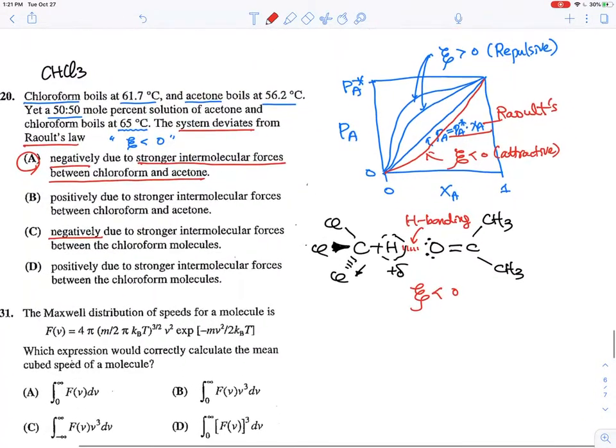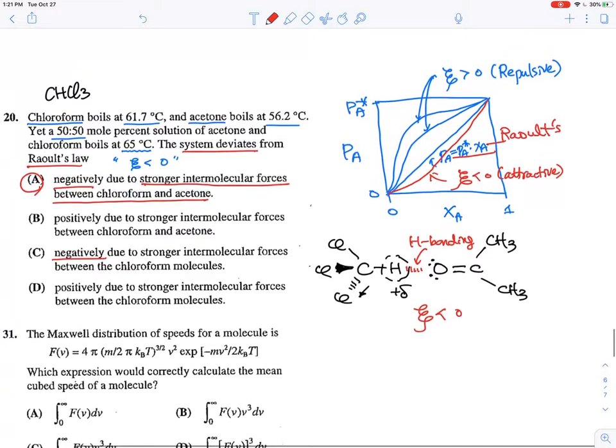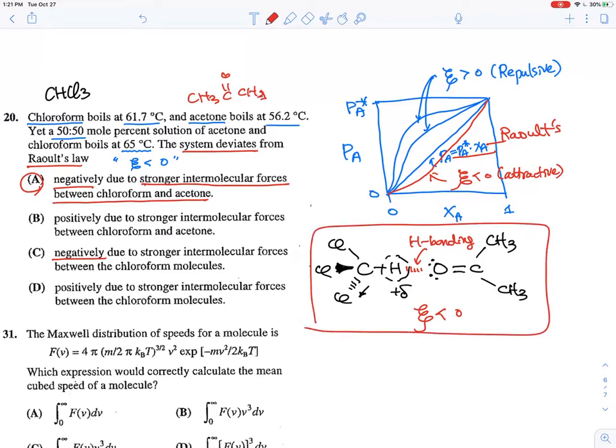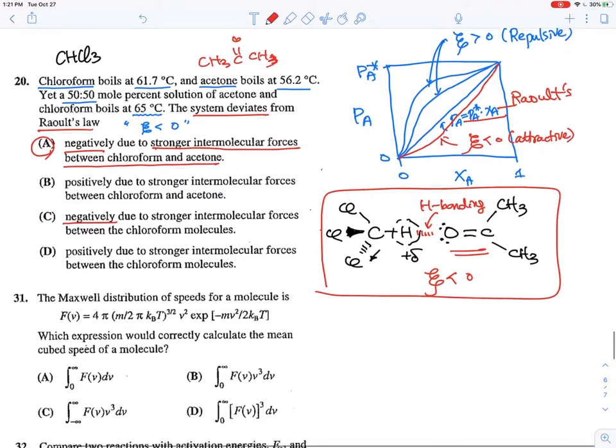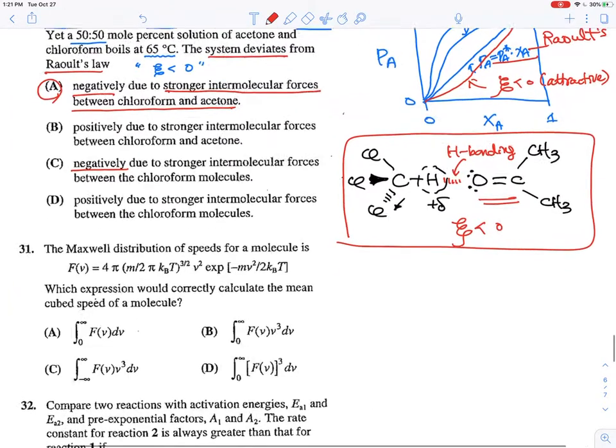That's actually pretty good. I didn't emphasize it, but this is quite common: if you just Google chloroform and acetone, you'll find this diagram. People try to explain it quite a lot. We can do the FTIR experiment to see how the ketone peak shifted and so on, and that's something we can do in the experiment.